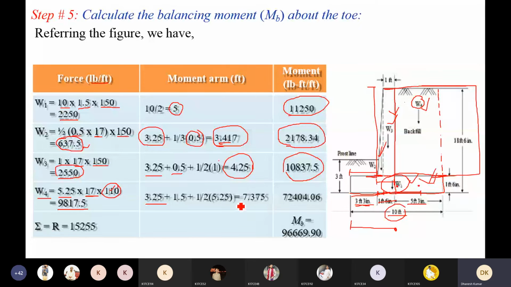Total lever arm from the toe comes out to be 7.375. Okay, and again you have to multiply the lever arm with the load or the force, and the total balancing moment there is 72,404.06. Now you have got all the balancing moments of individual sections.